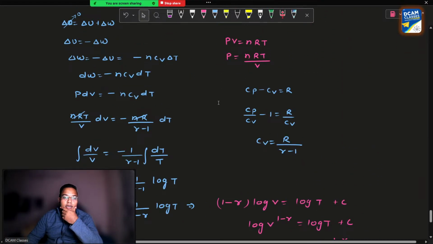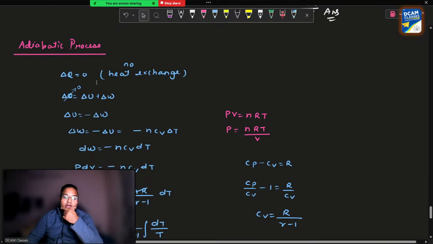See Diva, you joined late. Actually, what I was telling about the adiabatic process. Adiabatic process is a process in which no heat exchange takes place between the system and surrounding. And now, if we use the first law of thermodynamics here, delta Q is 0, so delta U will be equal to minus delta W. And I already told in the previous classes that this delta U, that is internal energy, remains same for every process.